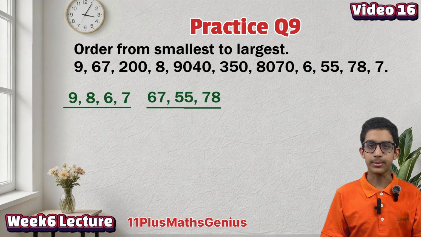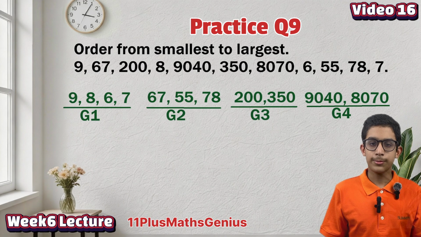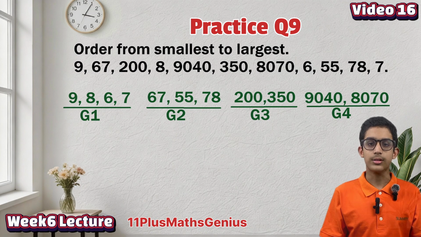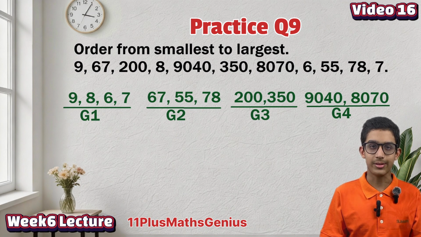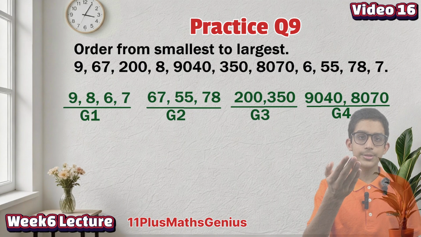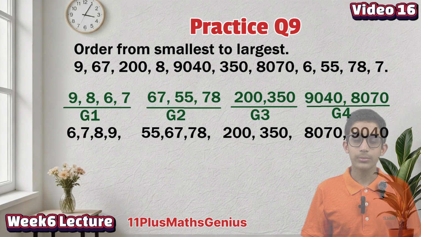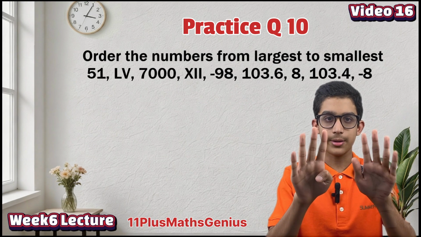Then 67, 55, and 78 is group 2. 200 and 350 is group 3, and 9,040 and 8,070 is group 4. Now, rearrange each group. So, the answer is 6, 7, 8, 9, 55, 67, 78, 200, 350, 8,070, and 9,040. Practice question 10 for you.